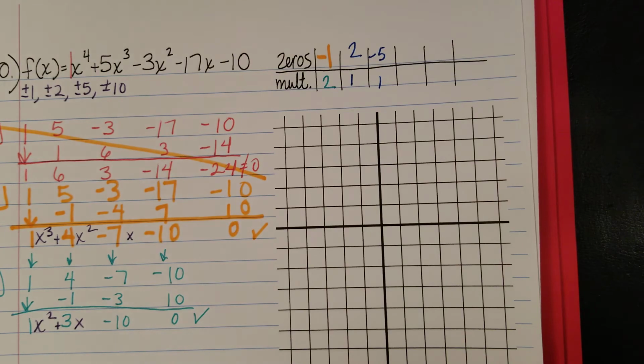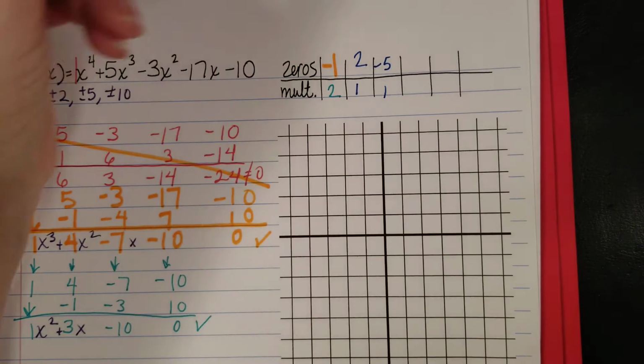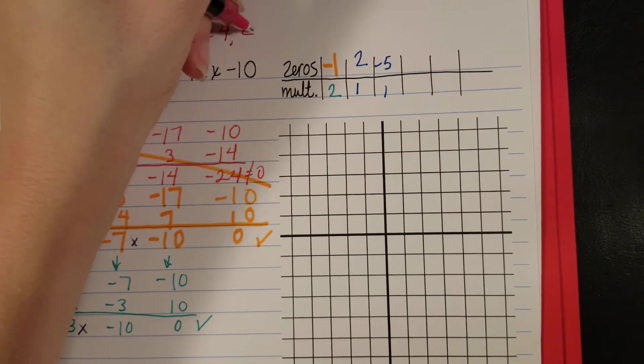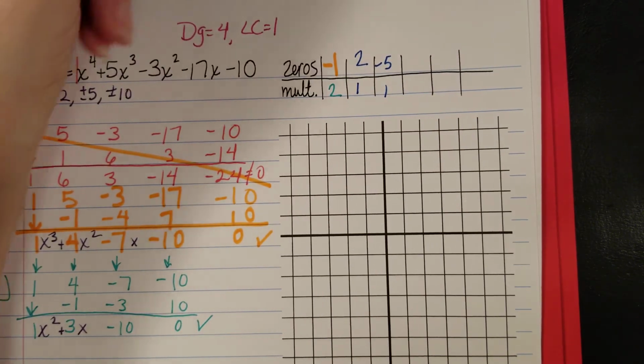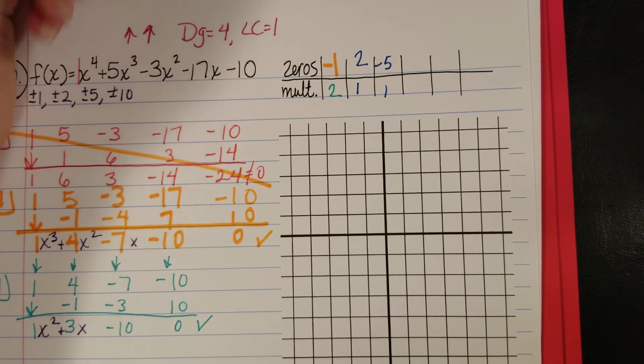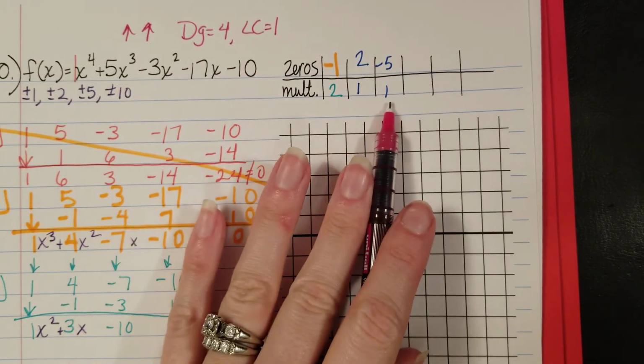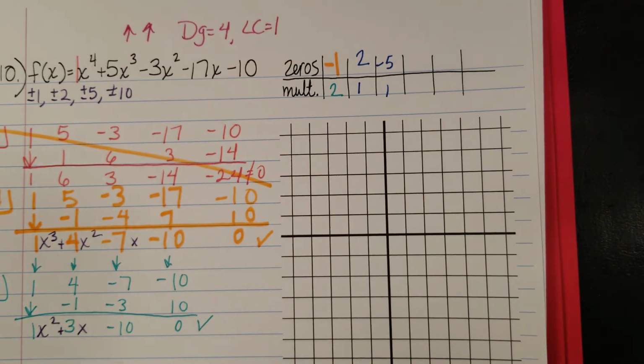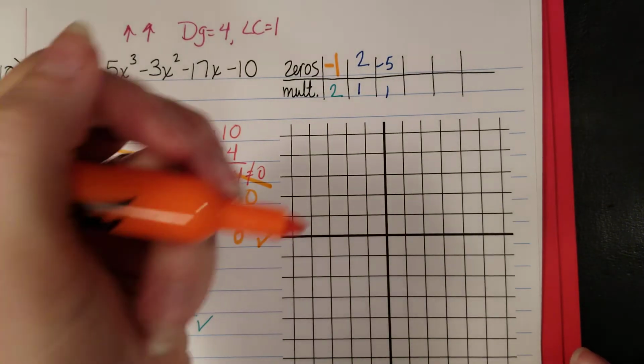All right, and just from looking at my original function, I know that my degree is 4 and my leading coefficient is 1, which means both arrows are up. That degree also equates to the sum of these multiplicities, so that's a good sign. So I'm going to go ahead and plot my zeros.